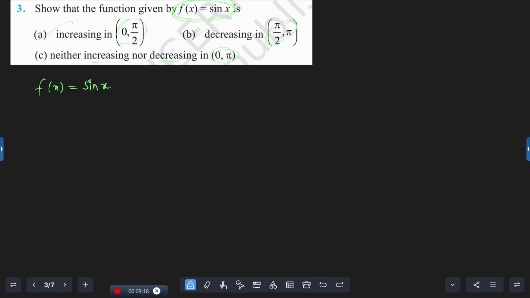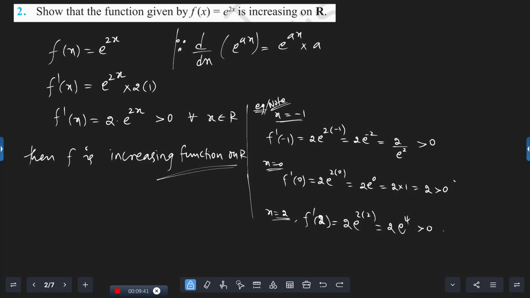Before going to the interval, for checking increasing or decreasing, listen carefully. What do you need? The derivative. In the derivative only we have to check whether it is greater than 0 or less than 0.